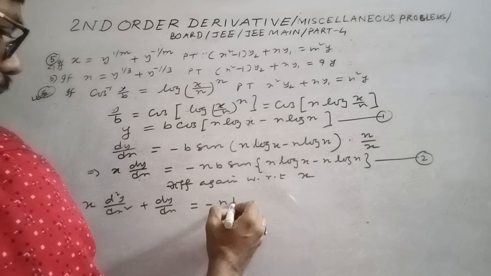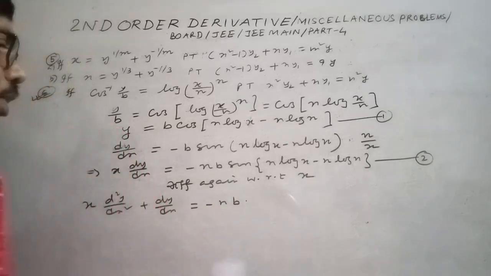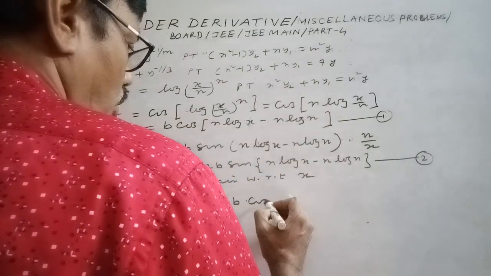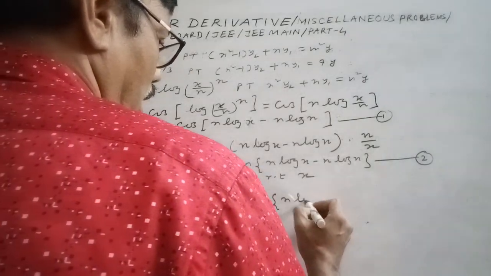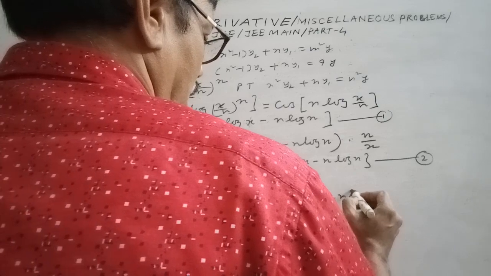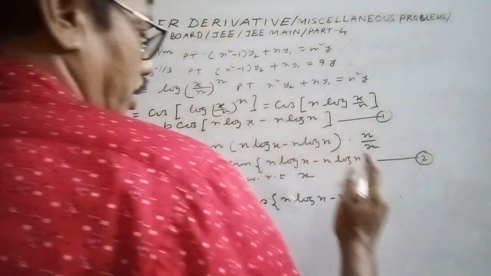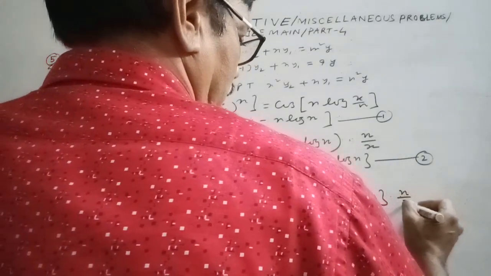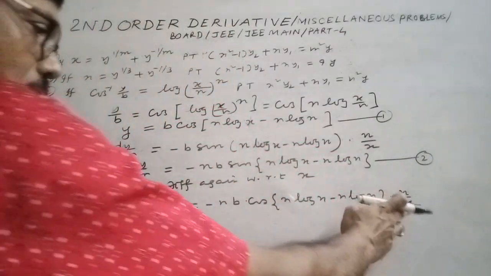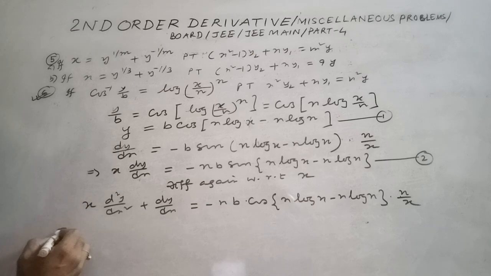Now, minus n b is constant, and the derivative of sine is cos of (n log x minus n log n), then the derivative of the argument, n by x. So multiply throughout by x.